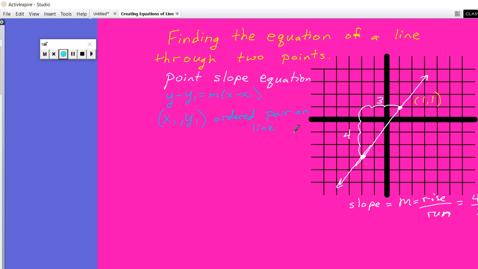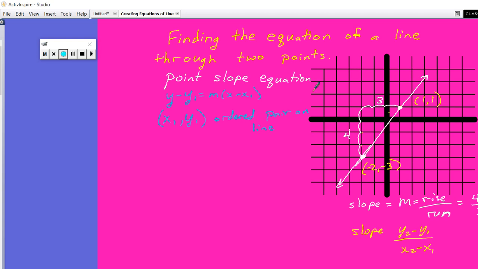Now, if I wouldn't have been given a nice picture and somebody would have just given me the coordinates of my points, (-2, -3) and (1, 1), I can find the slope by subtracting the y's divided by the difference of the x's.